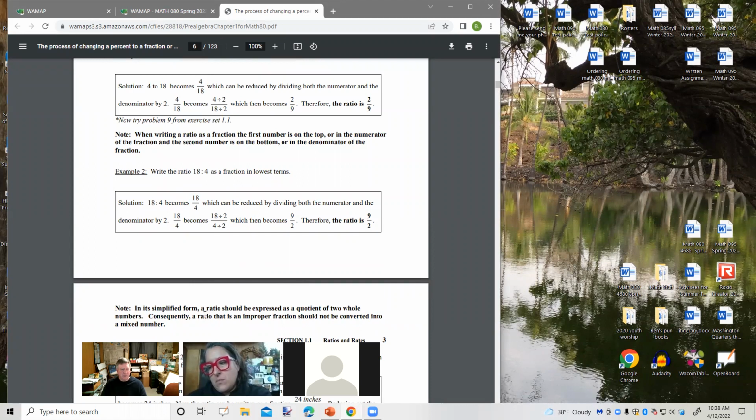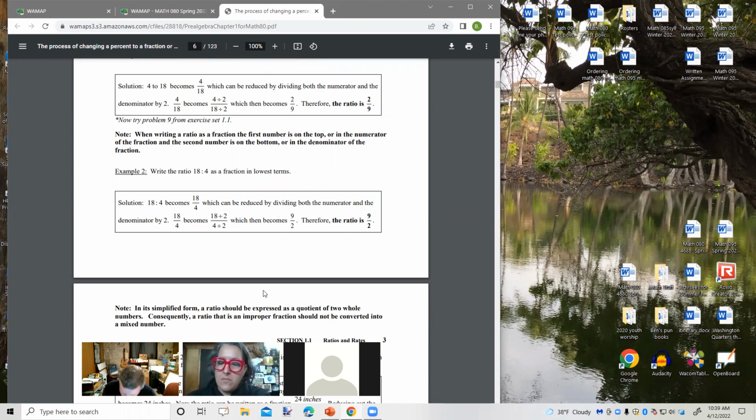Note, in its simplified form, a ratio should be expressed as a quotient of two whole numbers. Consequently, a ratio that is an improper fraction should not be converted into a mixed number.